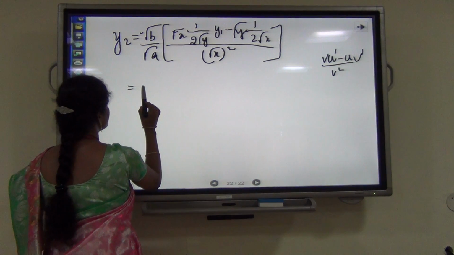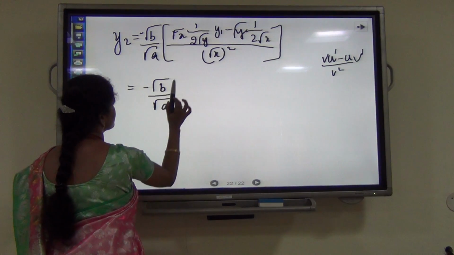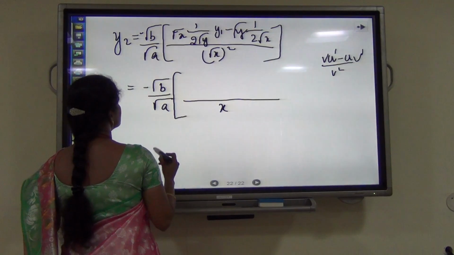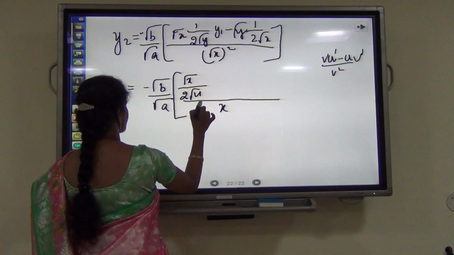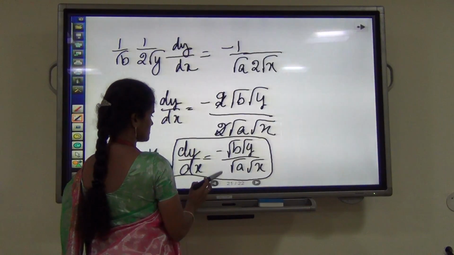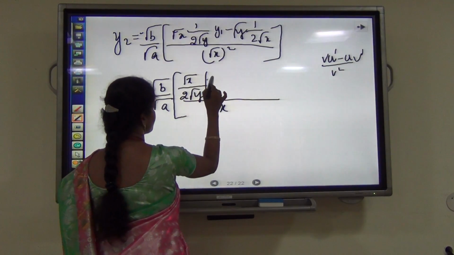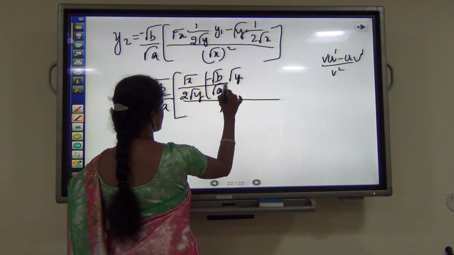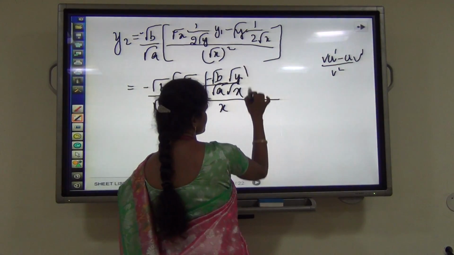Which is equal to minus root b by root a by x. Now this is root x by 2 root y times y1. What is the value of y1 we found earlier? It is minus root b by root a into root y by root x. This is the y1 we found. So let us substitute and simplify.